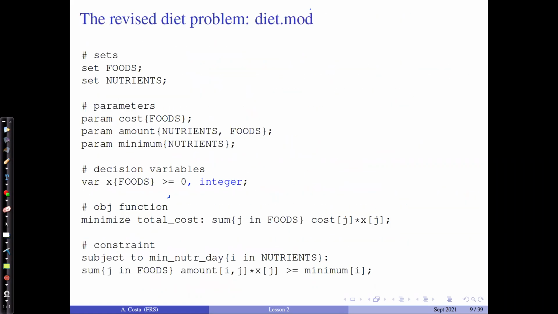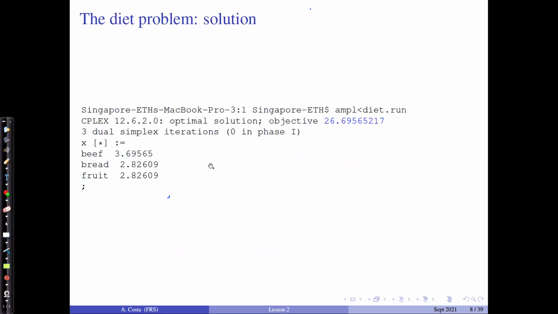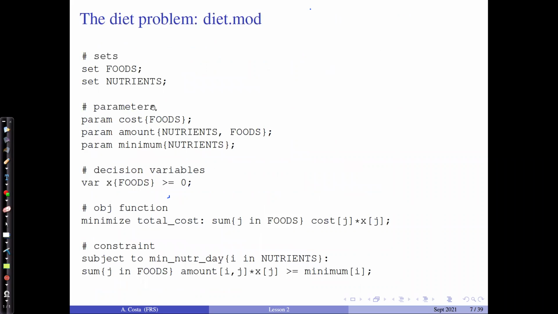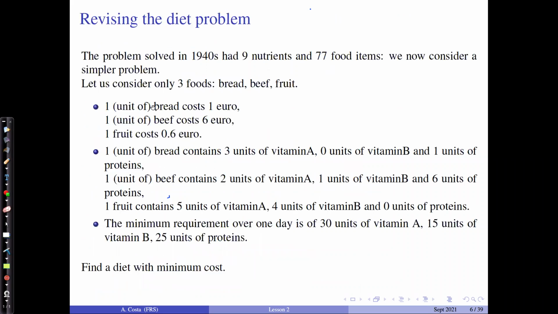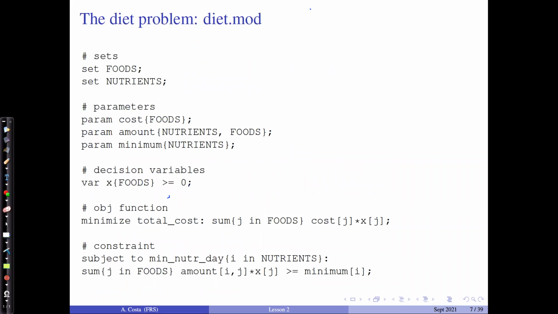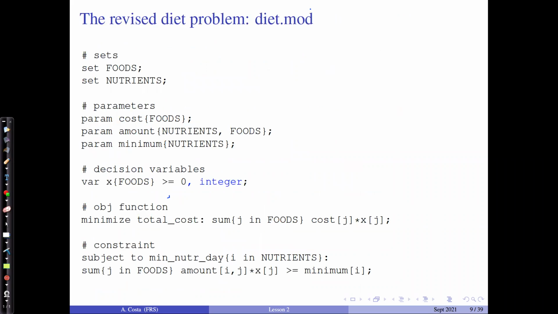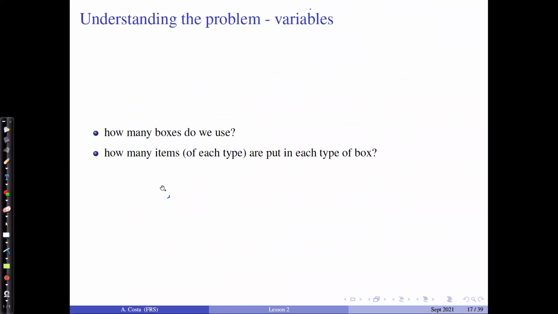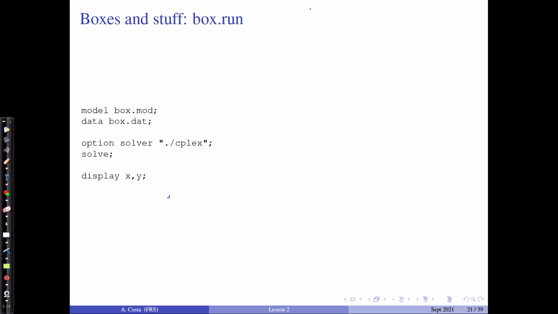I don't have the data file here, but basically we called the foods by their names. X was indexed by a set, and the elements were called beef, bread, and fruit. So it's really up to you what you want to use as a name for the items in the set.